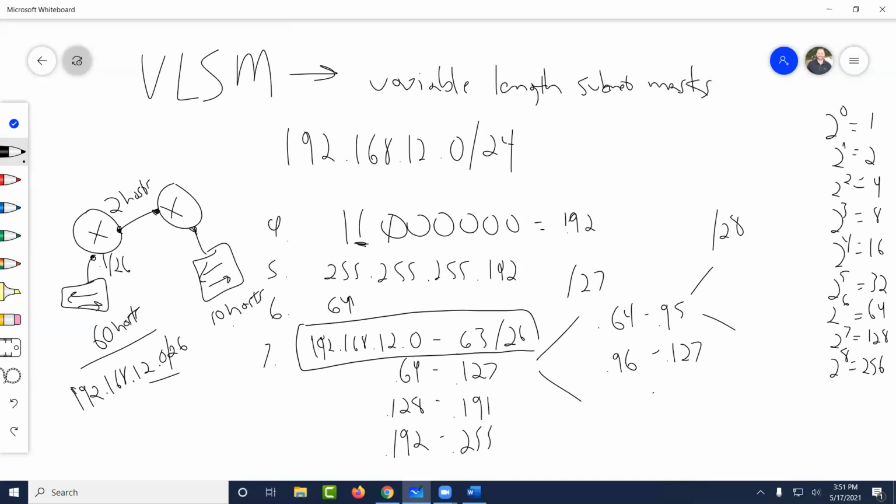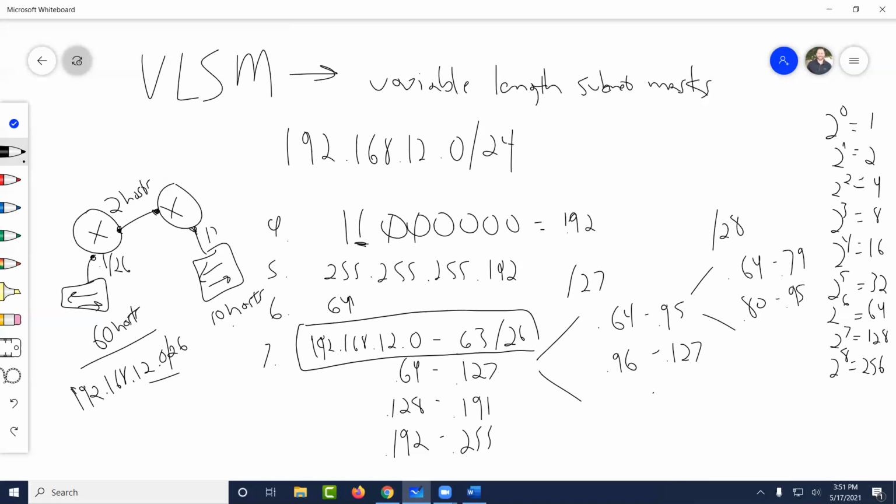My variable now is 16. So 64 to 79, 80 to 95, and that's where the numbers really start looking weird. At this point, that is a network of up to 14 hosts, and that's as small as I can get it and still support 10 hosts.